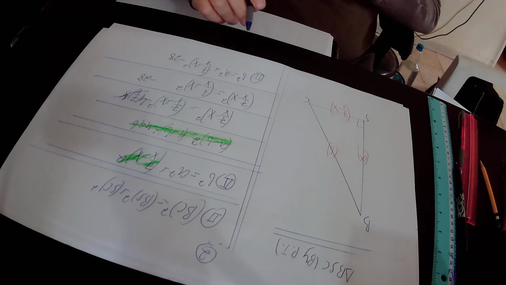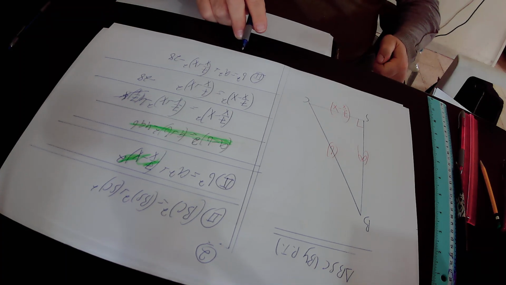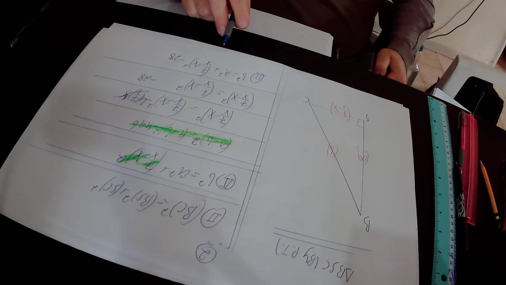So B squared equals A squared plus (7 over x plus x) squared minus 28.